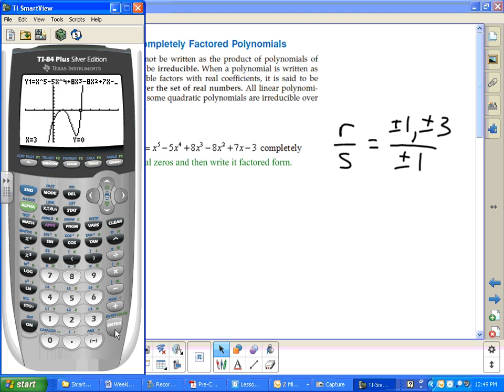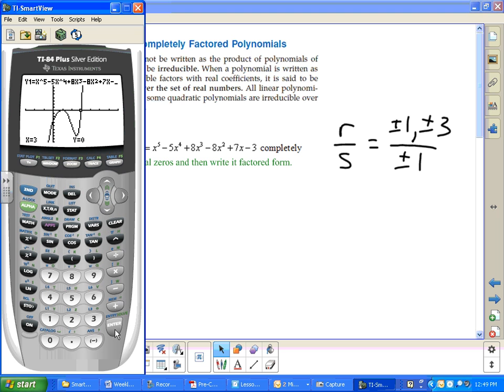Now, what does this mean, the fact that this looks like a quadratic here at 1? What does that tell me? It has a multiplicity of 2 there. This one has a multiplicity of 2 here because it looks like a quadratic function. So that means if I'm using synthetic division, I'm going to use it 2 times.